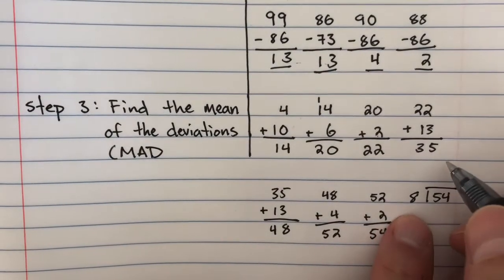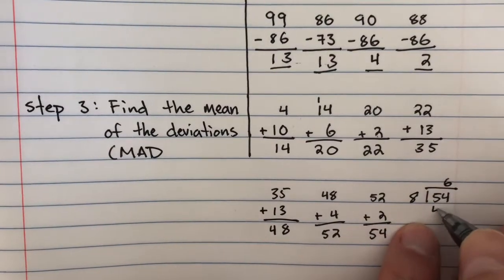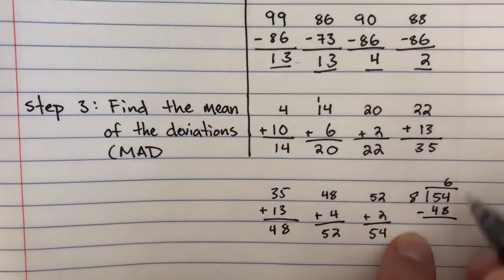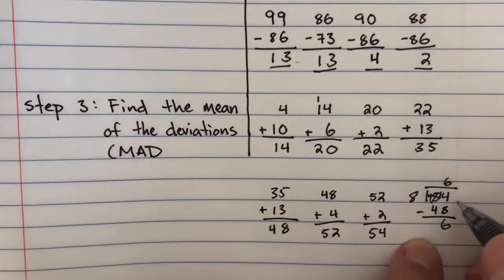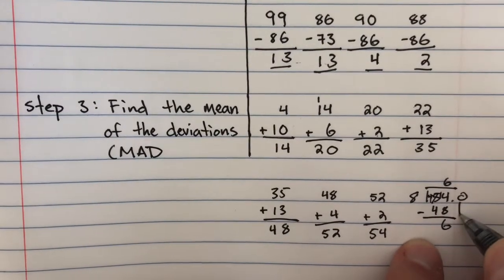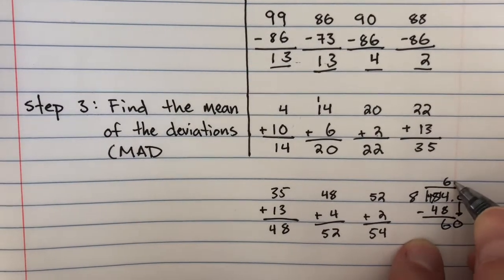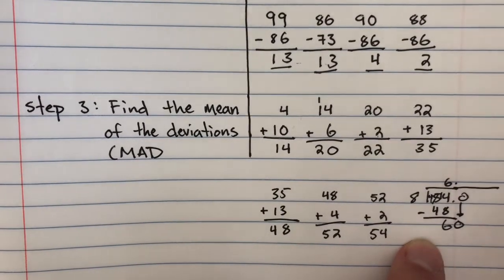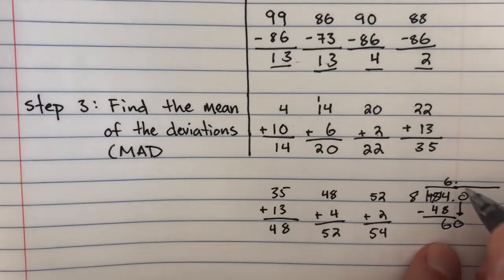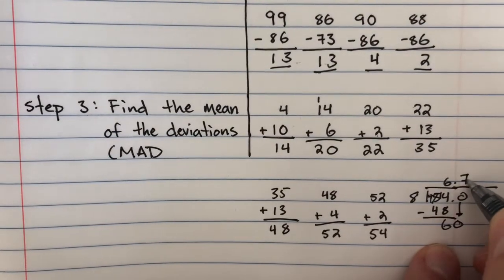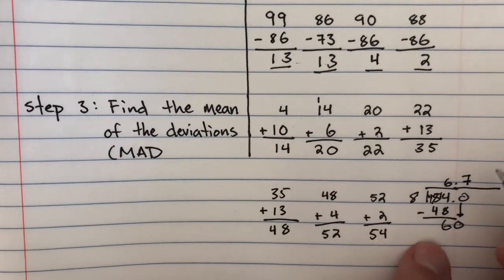8 goes into 54 6 times. Subtract this, and we get 6. I'm going to put my decimal and annex a 0. I get 60, so 8 goes into 60 7 times, which is 56.